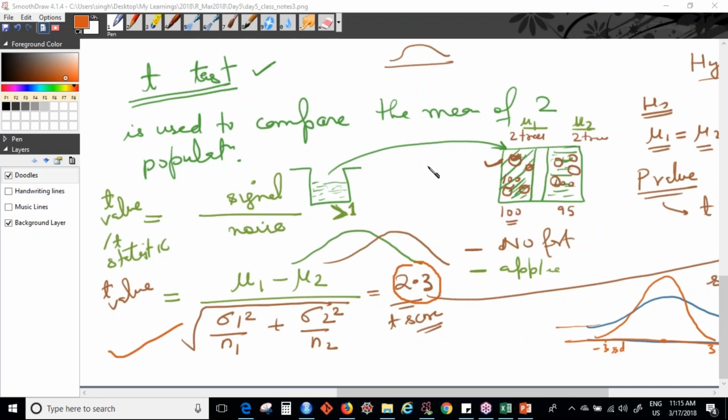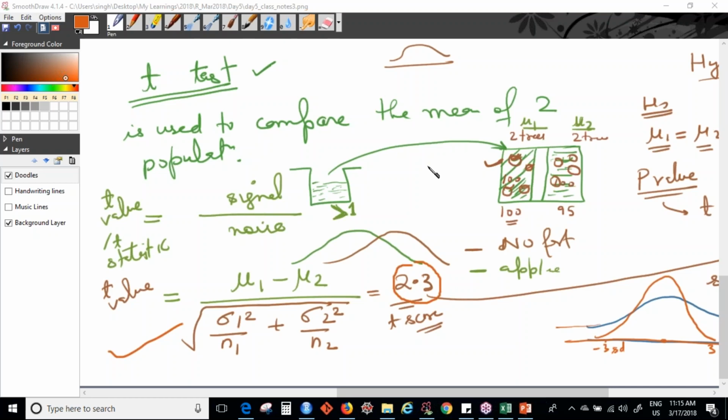The control group is where you don't do anything. You just leave it as it is. The other is the test group where you give the drug, whatever you want to test. Then you evaluate both groups. Let's say you select 20 people and all 20 are suffering from headache.